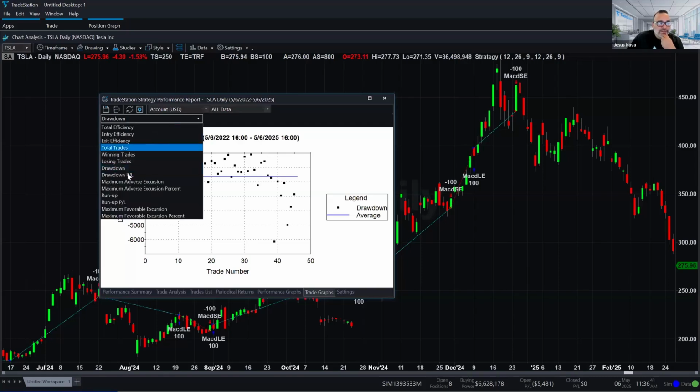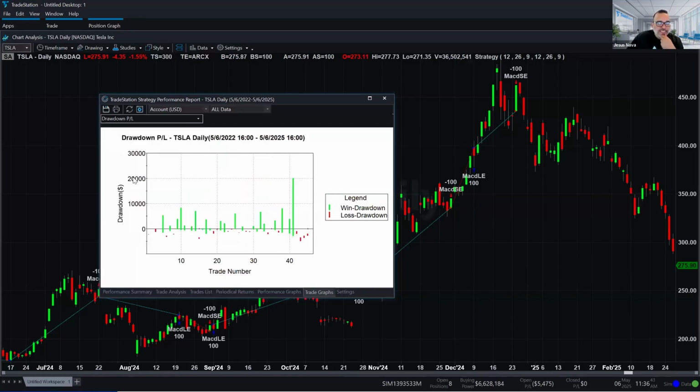If you go over here, then we have drawdown expressed as a P&L. An interesting way of looking at trades, because now we're also looking at the profitability of the trade and how much drawdown there was. The length of the bar is important because it shows how much drawdown there was, on a losing trade or on a winning trade.